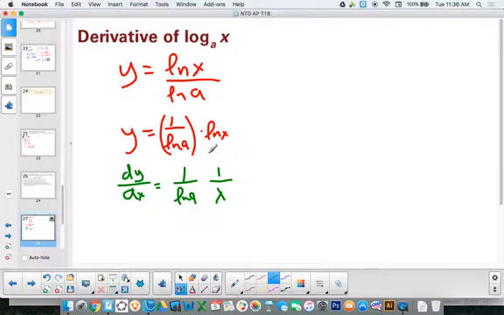So it's very similar to the derivative of natural log of x, but just like when you change the base of an exponent, you have to account for the different base by doing 1 over natural log of a, because your base is a instead of e. That's why I always say use base e if you can, because your derivative is simpler. You don't have this multiplication by a constant.